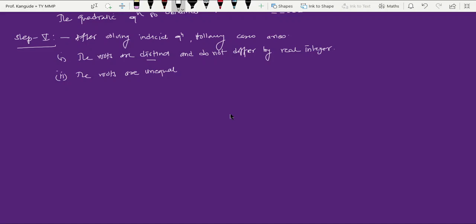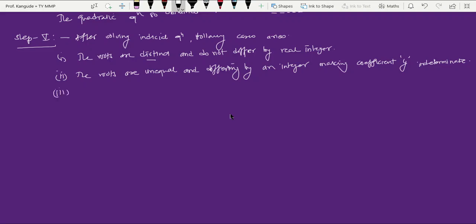Now the roots are unequal and differing by an integer, making coefficient of y, that is an, a0, a2, a3, etc. coefficients indeterminate. So this is the second possibility.